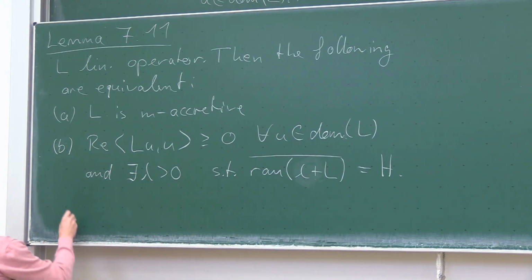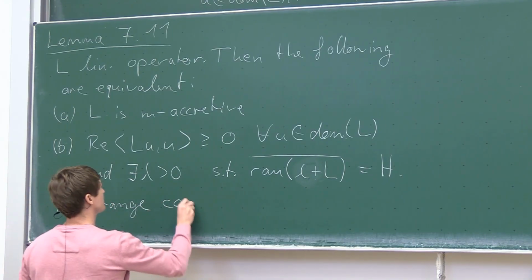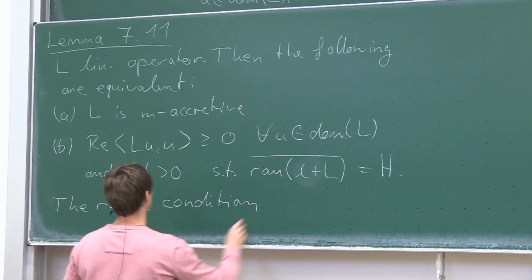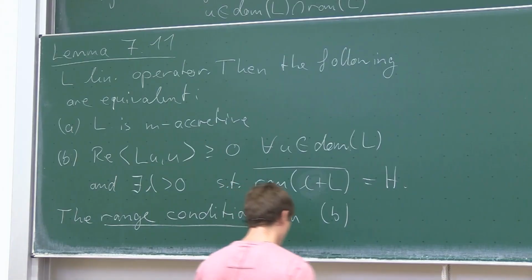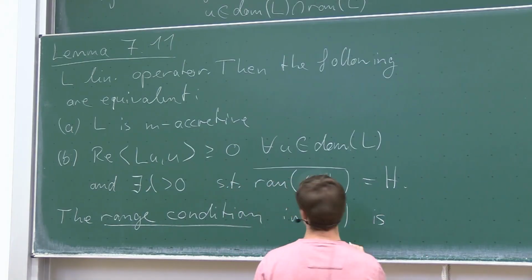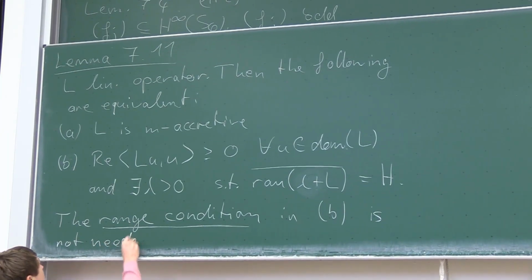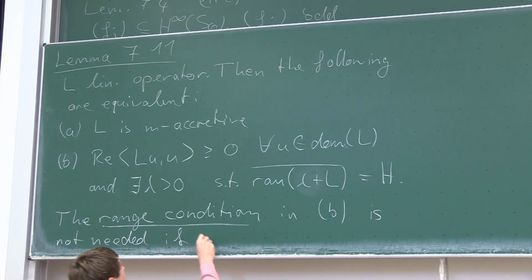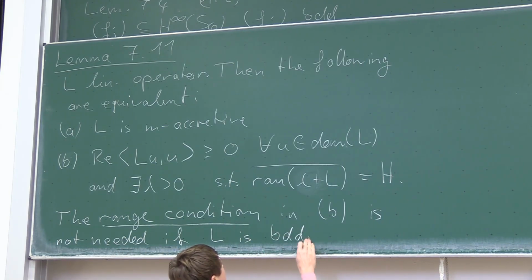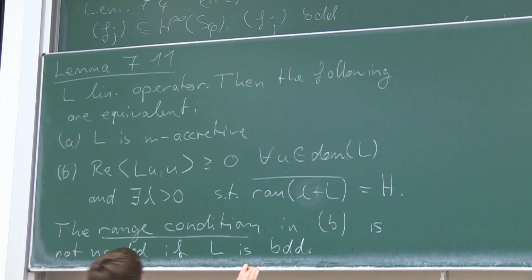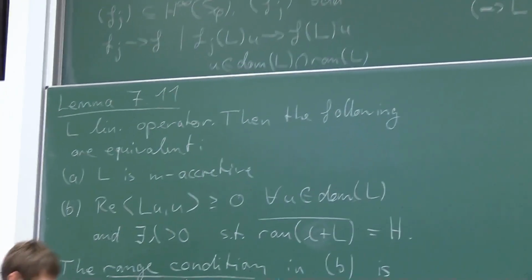All right, so the range condition in part B is not needed if L is a bounded operator. Okay, and as I said, the proof of this lemma is left for you as exercise 7.1.